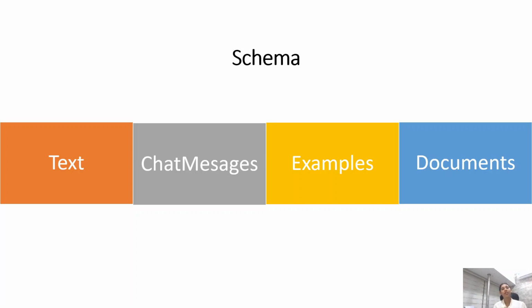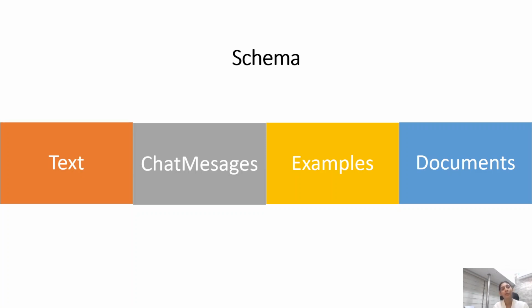Okay, now let's talk about text. So basically, when working with a large language model, also known as an LLM, the primary interface through which we interact with the LLM is through the text or the words. A large language model, you might have heard, is trained on millions or billions of parameters, also called tokens.